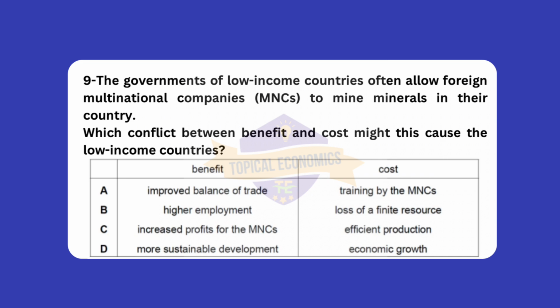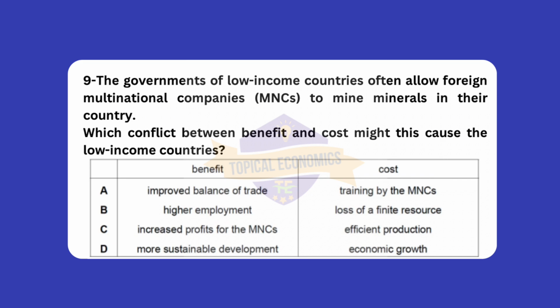Let us first look at option C and D, then we'll come back to option B. Option C is increased profits for MNCs and efficient production. So profits for MNCs are not a direct benefit to the low-income country, and efficient production does not present a conflict.